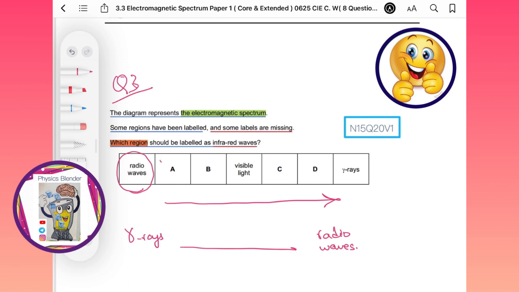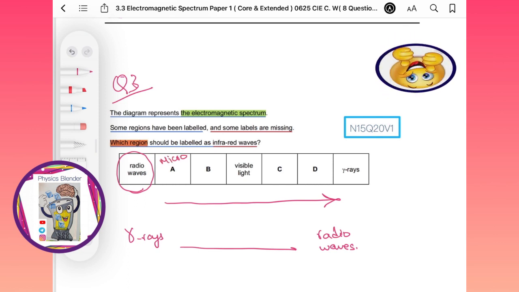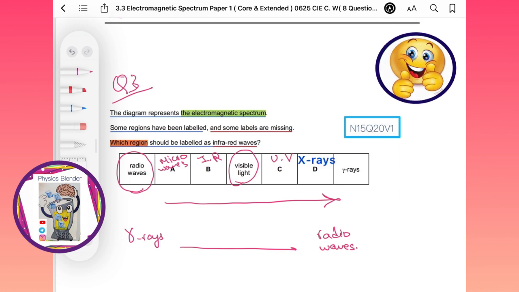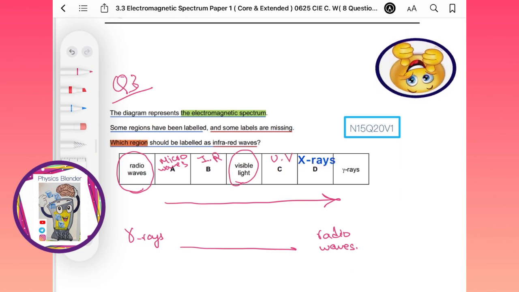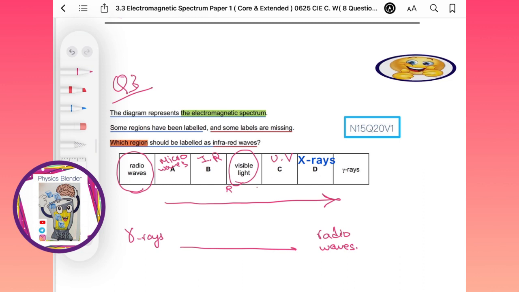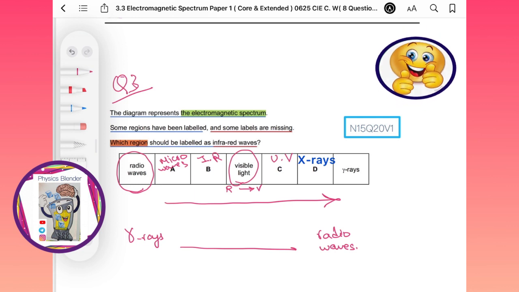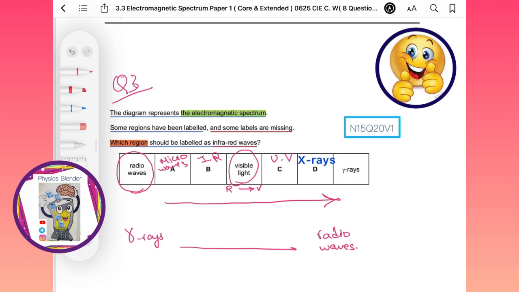Radio waves, we have microwaves, we have infrared, we have visible light, we have ultraviolet. You can remember that in visible light you have red here and you have violet here. So the segment before visible light is infrared, and the one beyond the visible light is ultraviolet.